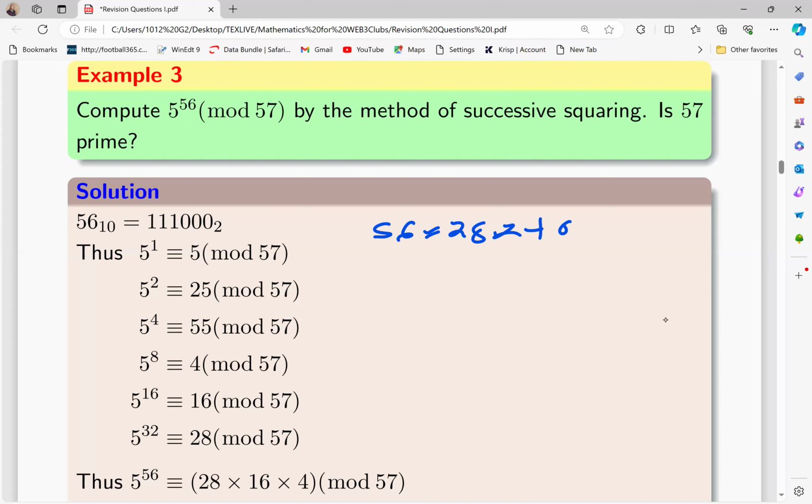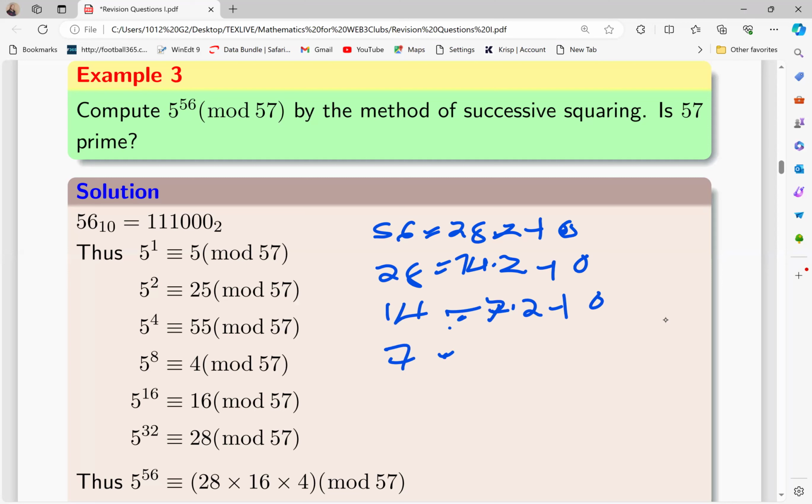Then 28 divided by 2 is 14 times 2 plus 0. Then 14 is 7 times 2 plus 0. Then we take 7, which is 3 times 2, remainder 1. So you take 3 now.